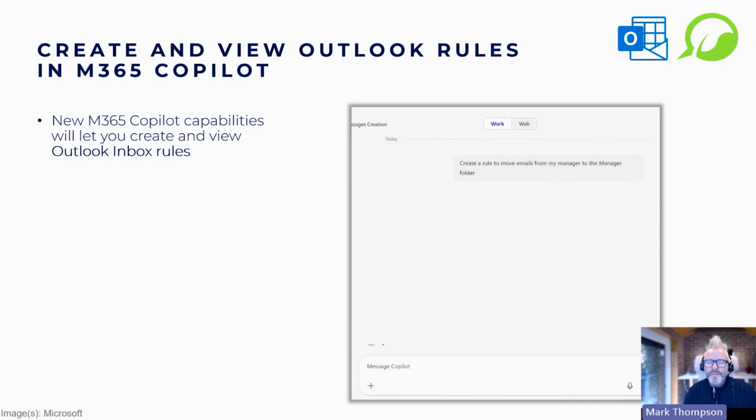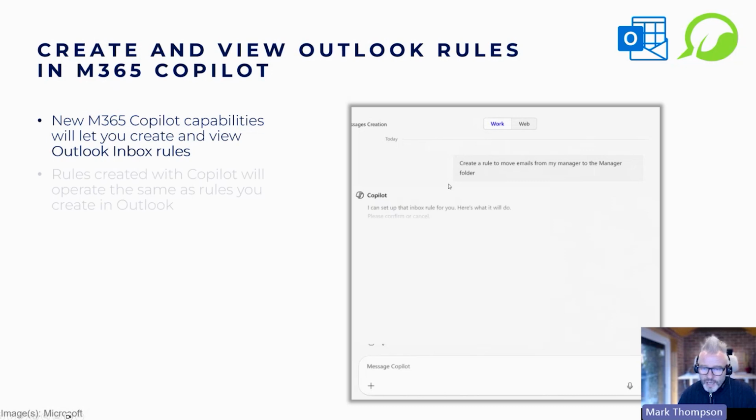So, create and view Outlook rules in M365 Copilot. This is the paid version. So I've gone to Copilot, and it might be that we don't know how to create rules in Outlook, but you can go to Copilot and say, create a rule to move emails from my manager to the manager folder.